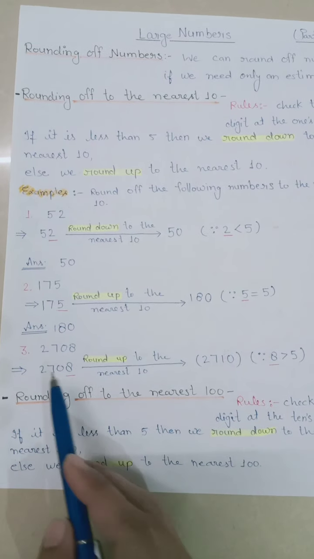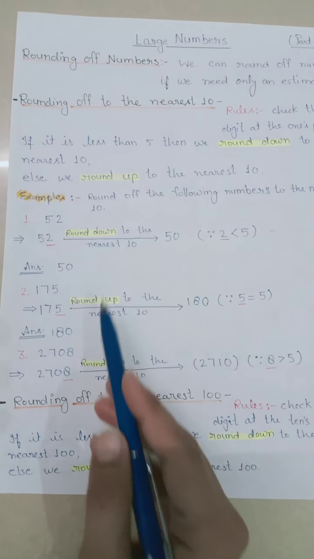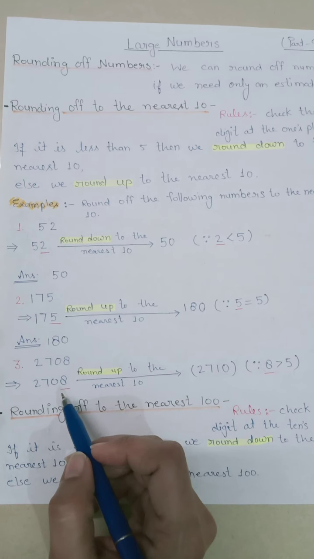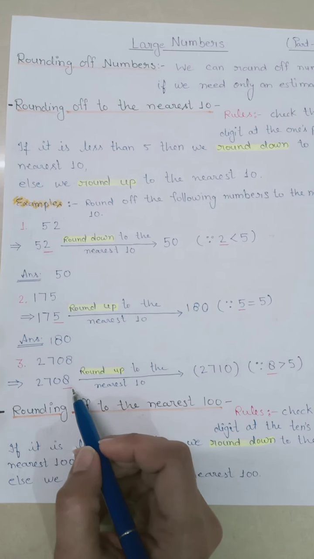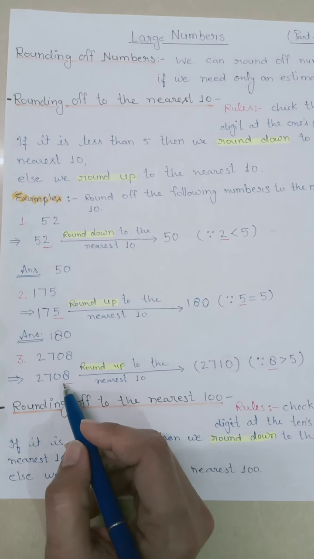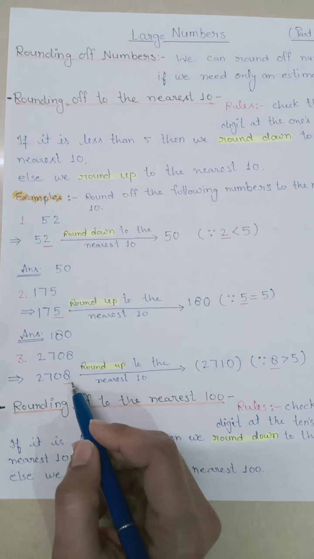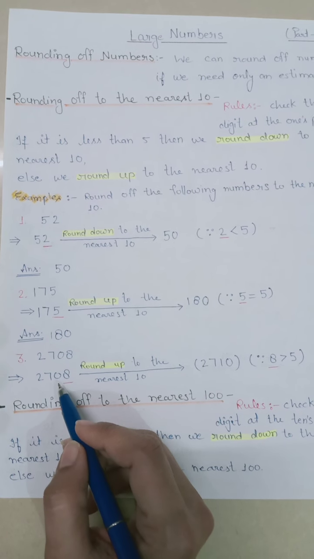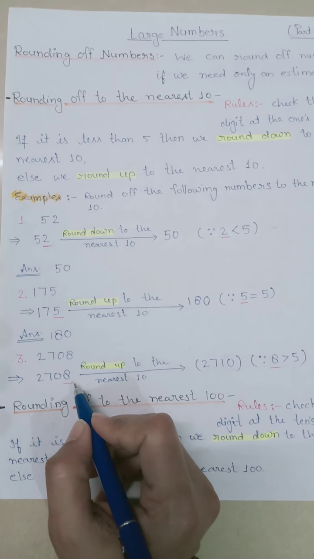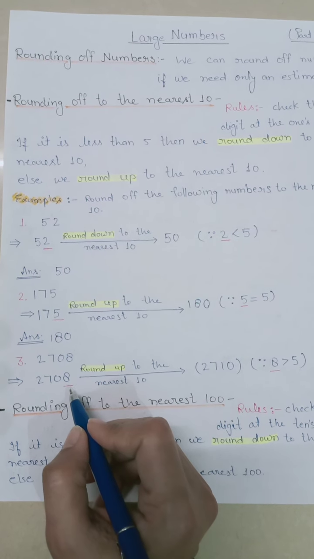There is one more example to explain this very easily. Now we have taken a 4-digit number. It is 2708. I repeat again that it doesn't matter how many digits there are. If we have to round off to the nearest 10, we only look at the ones place. So which digit is at the ones place here?